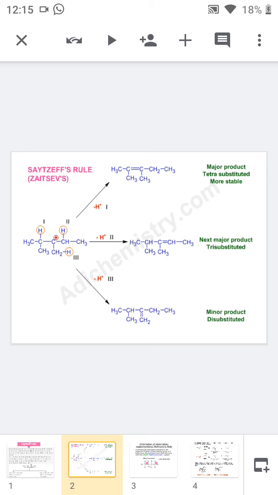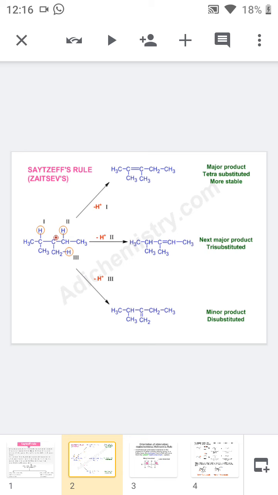Suppose we take the hydrogen from the first position. What will happen? We will get the more substituted product, where the double bond is in the middle position and the doubly bonded carbon atoms are maximally substituted. That's why, according to Saytzeff's rule, it is more stable and it is the major product.